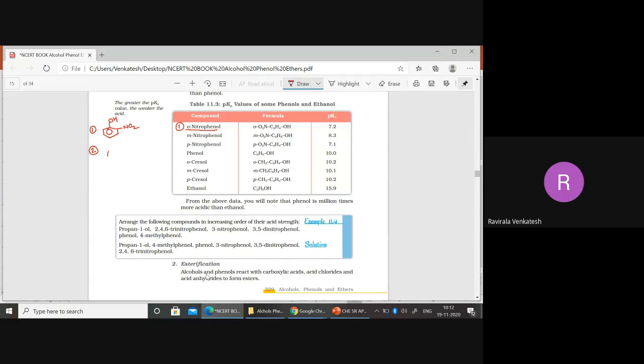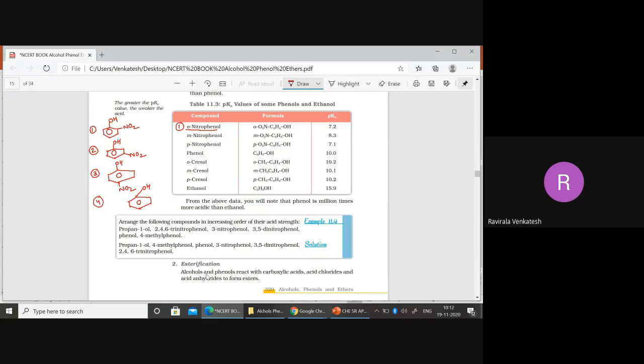Next, the second one, metanitrophenol; meta means I have to write the group here. In examinations, they don't give structures; they will give only nomenclature, so you have to draw it like this. The third one is paranitrophenol, with NO2 here. The fourth one is simple phenol. Four molecules are taken.